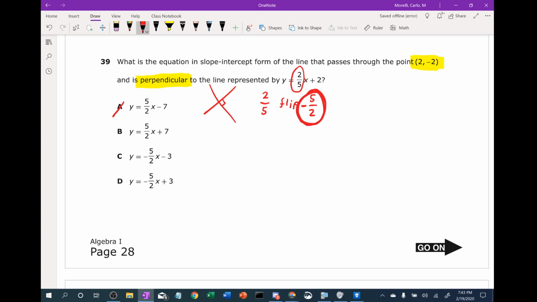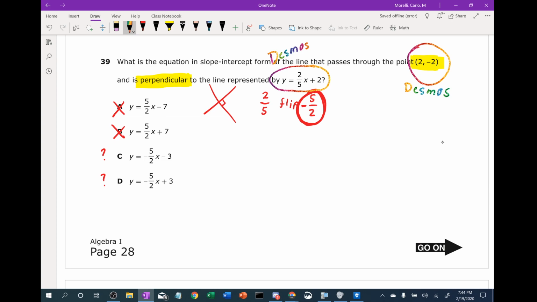So we can already eliminate A and B. Now it's just down to C or D. And here's what I recommend doing. Even if you didn't know that about the negative reciprocal slope, just put this in Desmos, and also put this in Desmos.